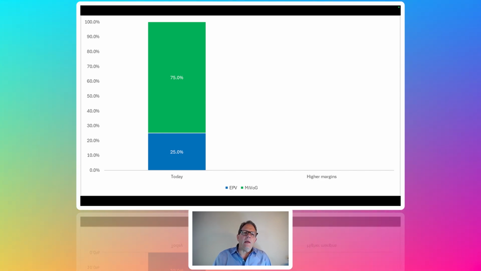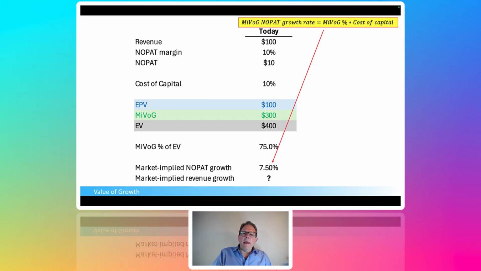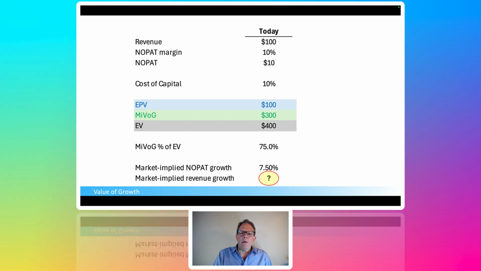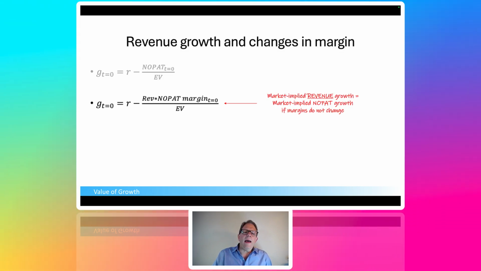We've captured it in our valuation. Okay, great. Now, the formula is that the market implied NOPAT growth is equal to the market implied value of growth as a percentage times your cost of capital. I'm using 10% in this example.